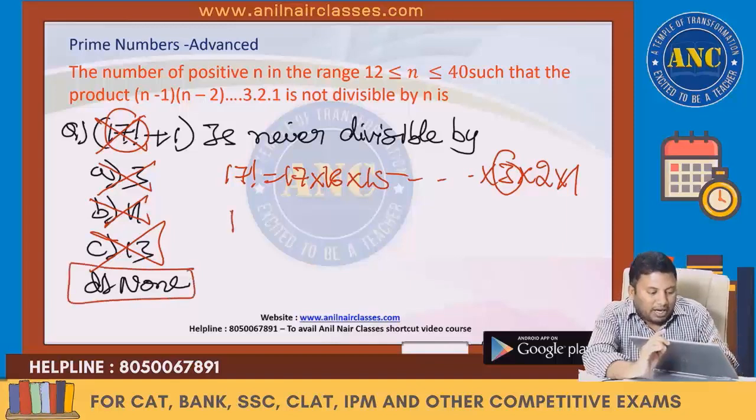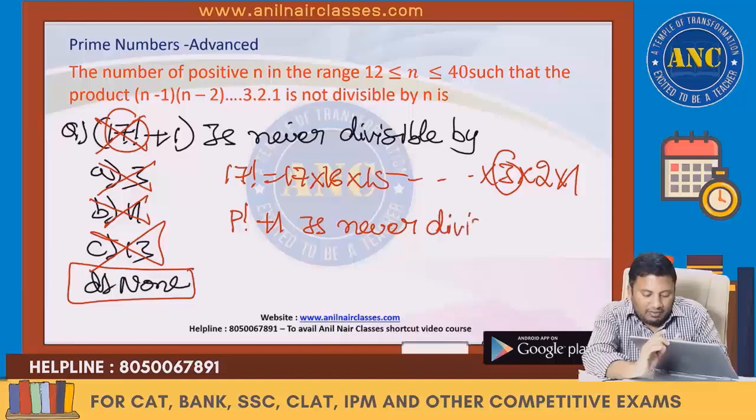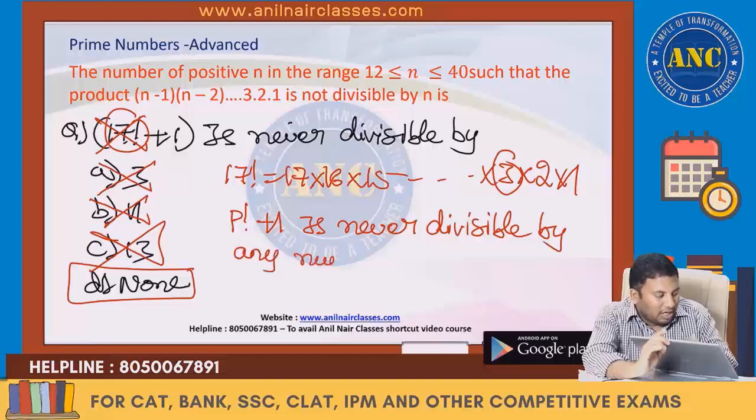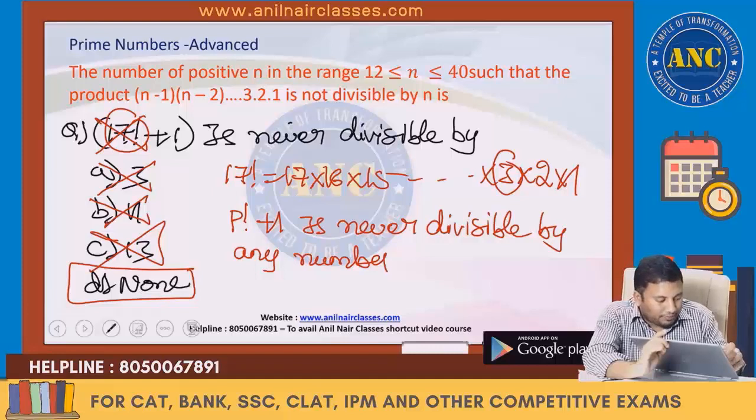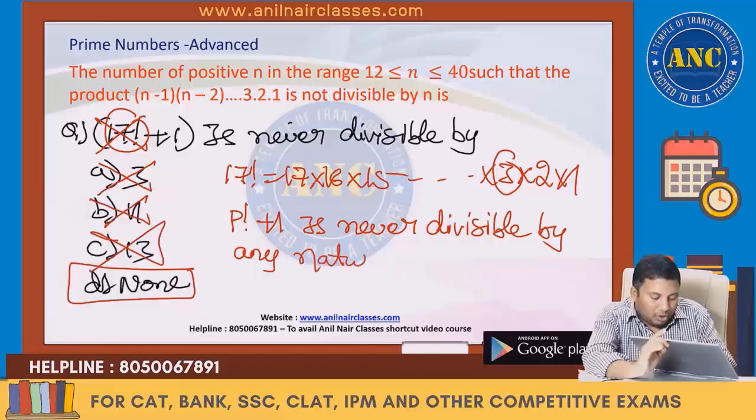Or in simple language, we can always say p factorial plus 1 is never divisible by any natural number from 2 to p.